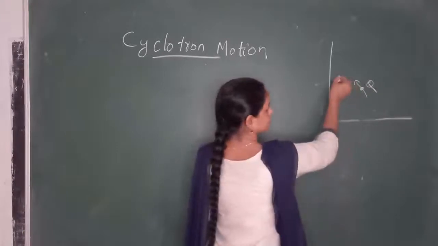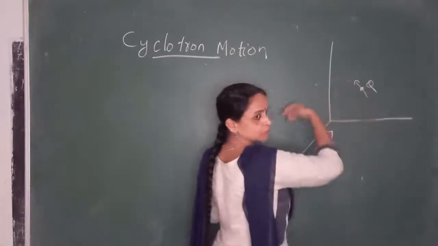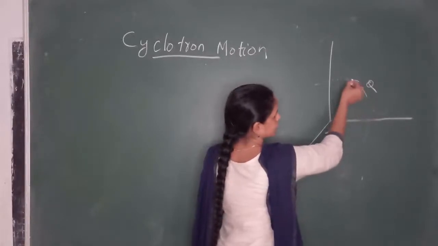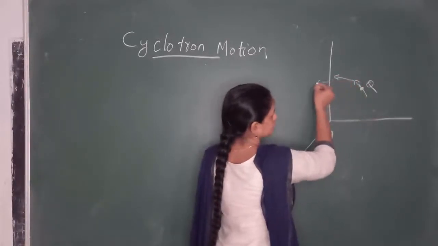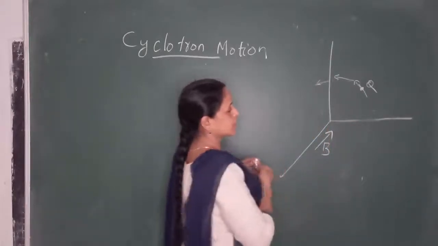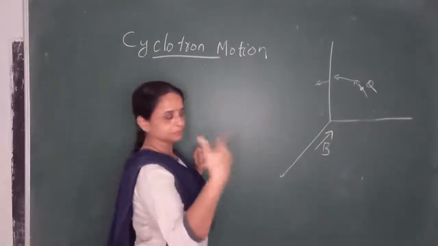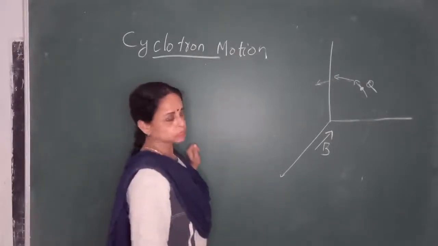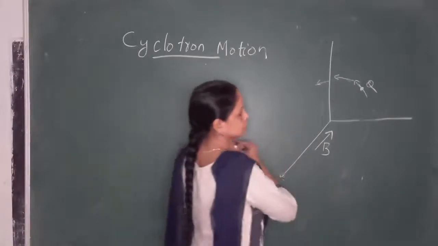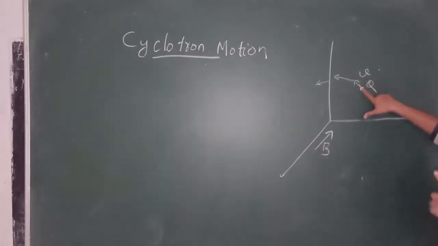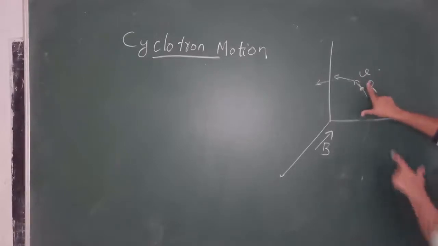If Q is moving in a circle, at every point the direction of motion is given by the tangent at that point. We can apply the right hand rule to find the direction of force. It is moving with a constant velocity v, and here the velocity is in this direction.